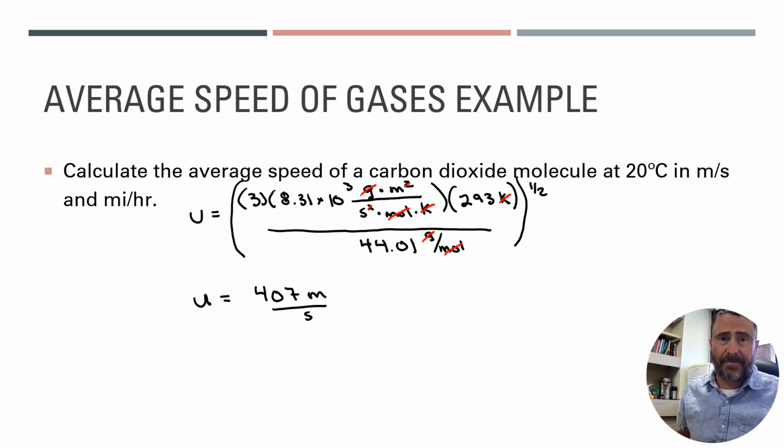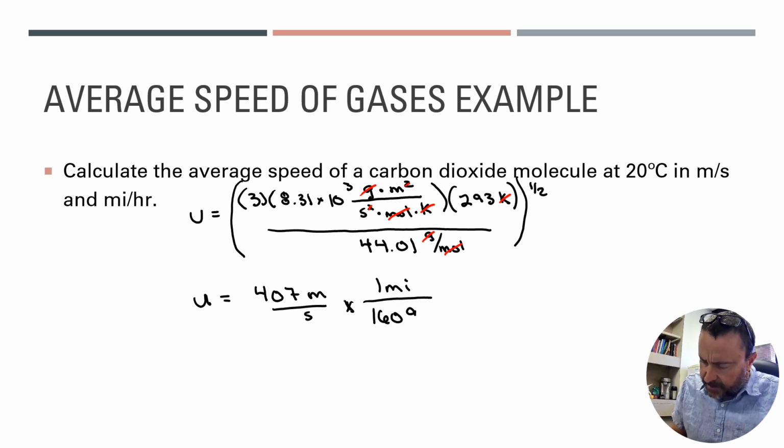Now let's see what that is in miles per hour so we can see that. This is just a simple conversion, doing unit conversions that we started learning way back in chapter 2, actually probably chapter 1. We have 1 mile per 1,609 meters, so this would be miles per second.